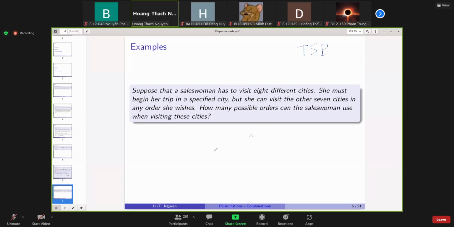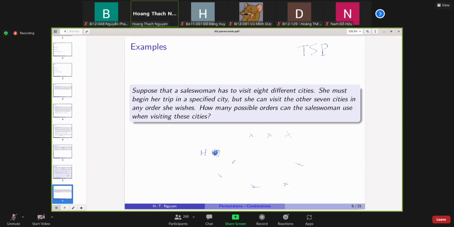That means that you have 8 cities: 1, 2, 3, 4, 5. How many are there? 8. Okay. So this is the home city, and the cities are interconnected. That means that from an arbitrary city you can go to any other city. So you are free to choose your route, and the goal is to visit each city exactly once before going home.